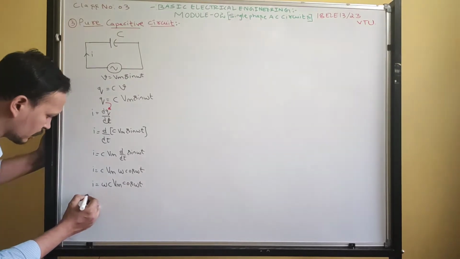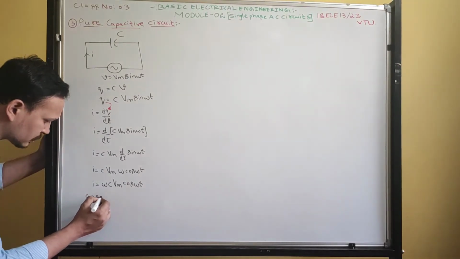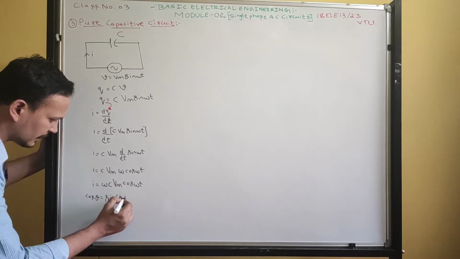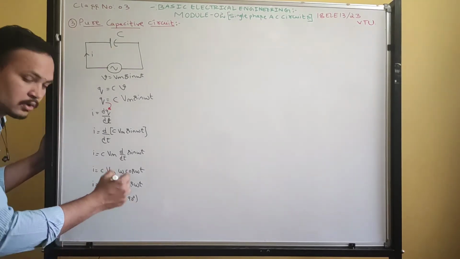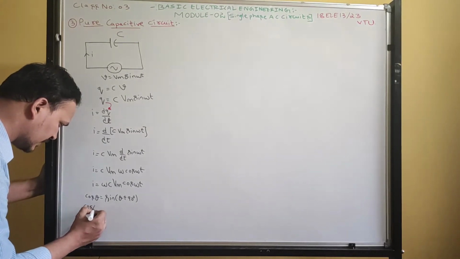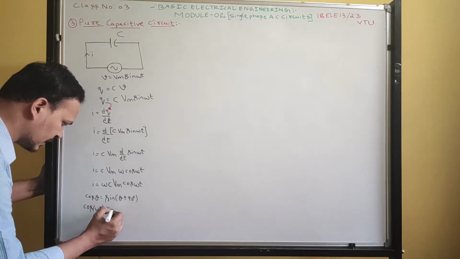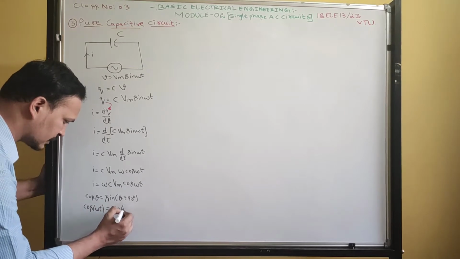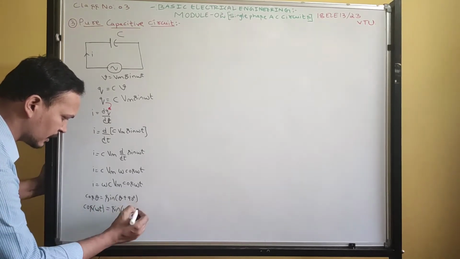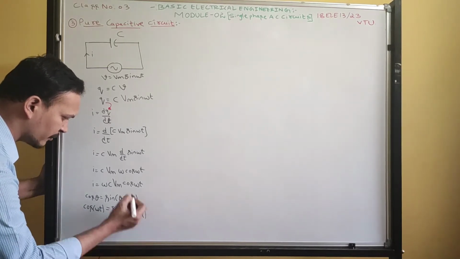So we know the trigonometric relation. Cos theta is equal to sin of theta plus 90 degree. Similarly, in place of theta what do we have? Omega t. Therefore we can write sin of omega t plus pi by 2. Since this is in radian, we have to write pi by 2.